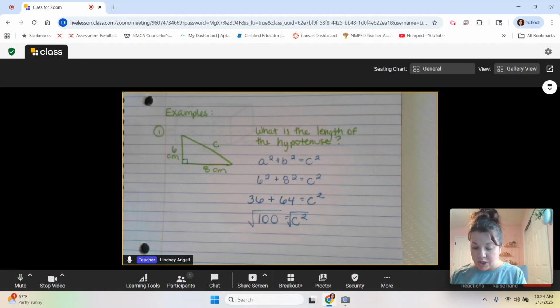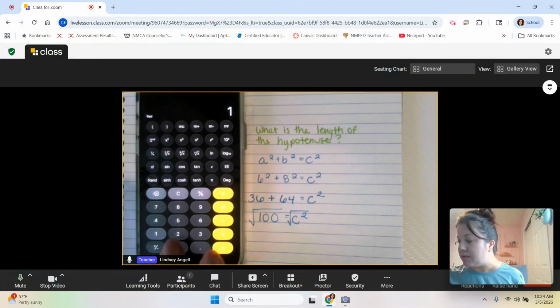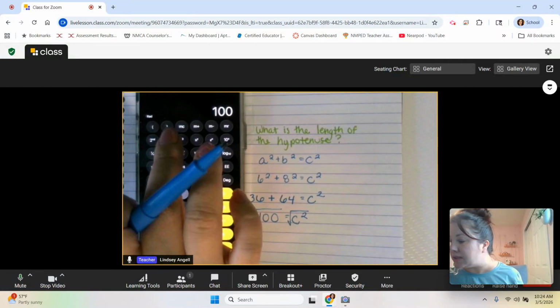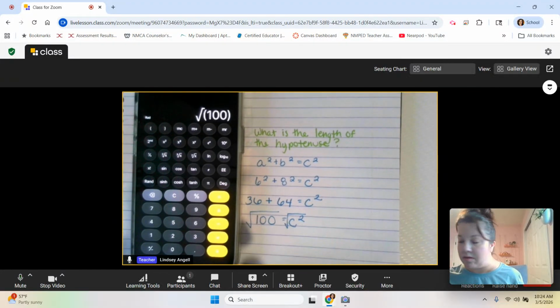So you're going to want to make sure that you open up your calculator, whether you're using one on a phone, you can use the Google one. You could also use Desmos, which is a website, right? It doesn't really matter. But what we'd want to do is we want to say 100, and then we're going to take the square root of that. That's that button there.